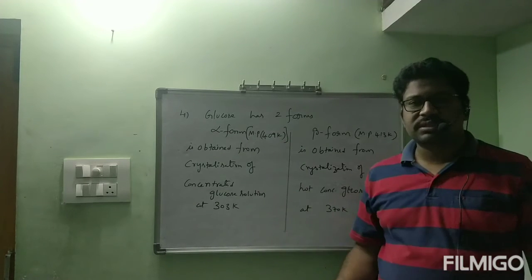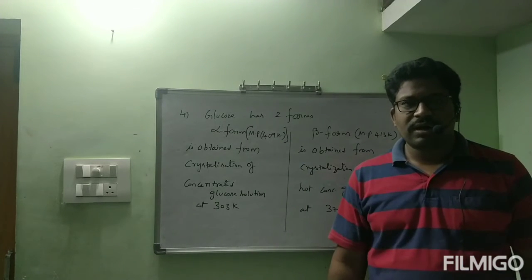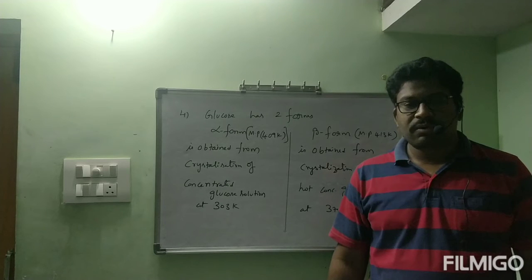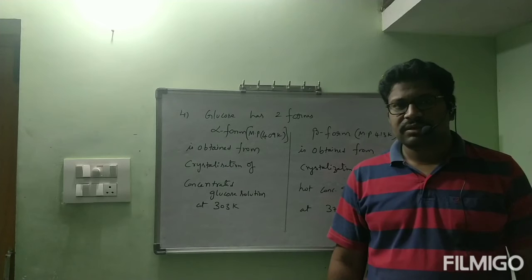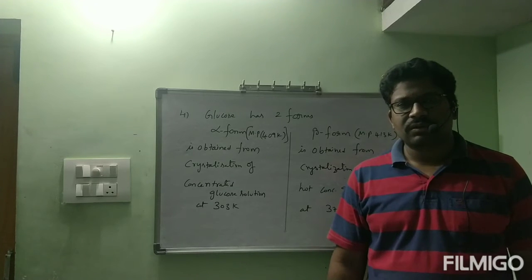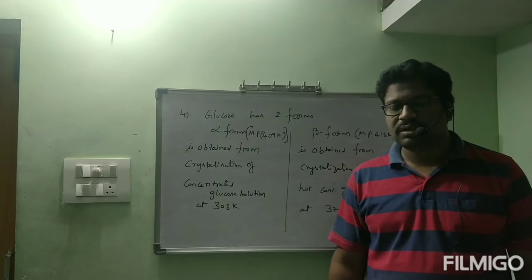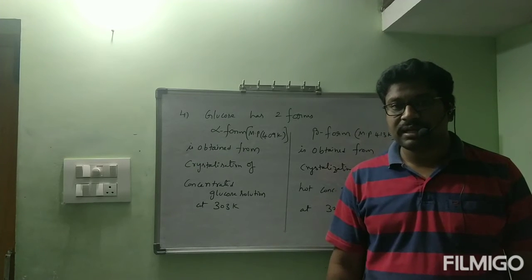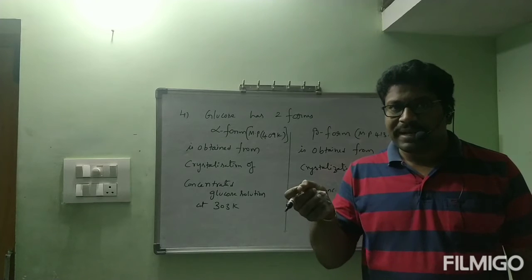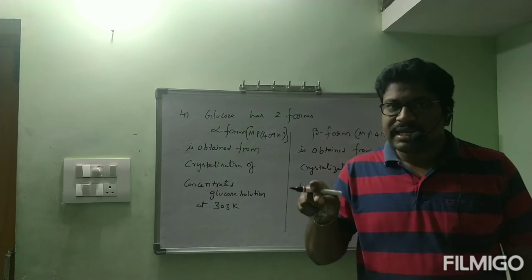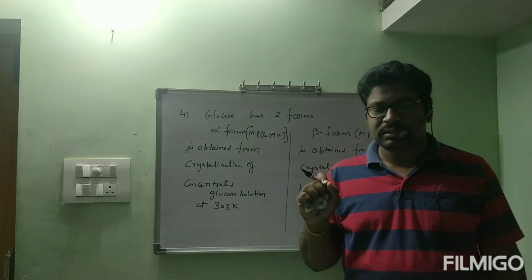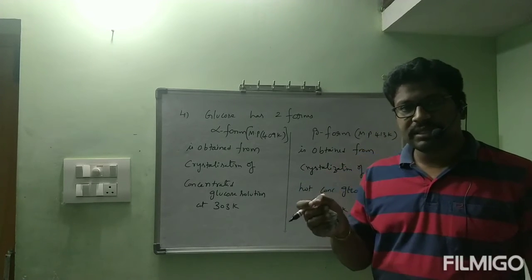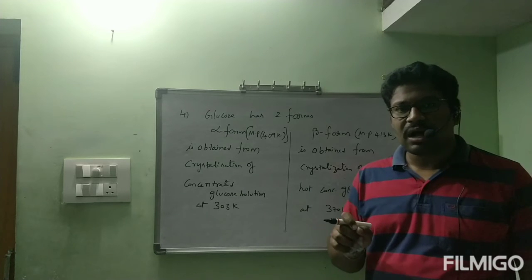Like this, the two forms and those three points were not explained by the open chain structure of glucose. Because of these explanations, we have to go definitely for the closed chain structure of glucose. These points support the closed chain structure, meaning the CHO present in glucose is not free all the times.